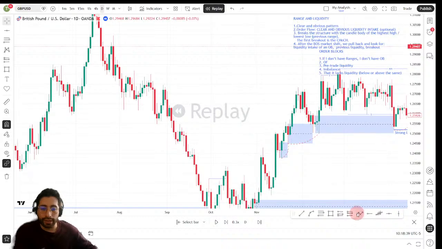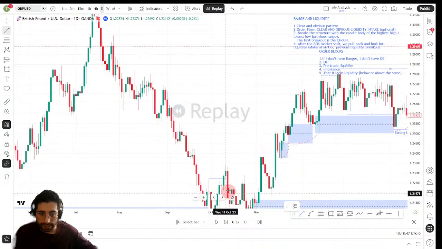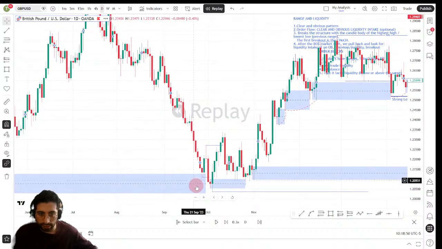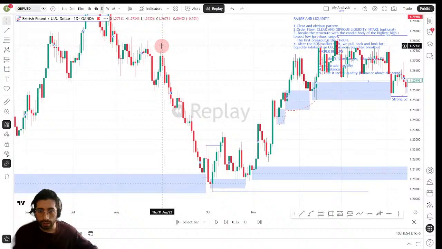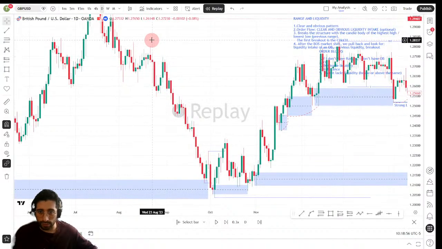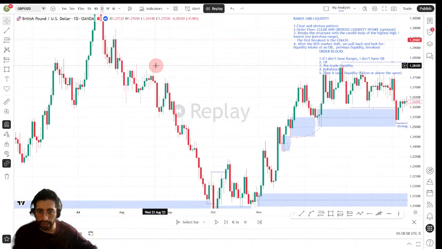In order to find the highest breakout, so number three, breaks the structure with the body of the candle of the highest high. The highest high prior to this reaction, sorry, was this one, right? Maybe some of you may say, hey, why don't you take this one? It looks like it's following the pattern, right?